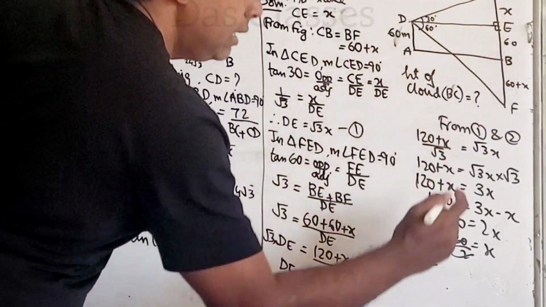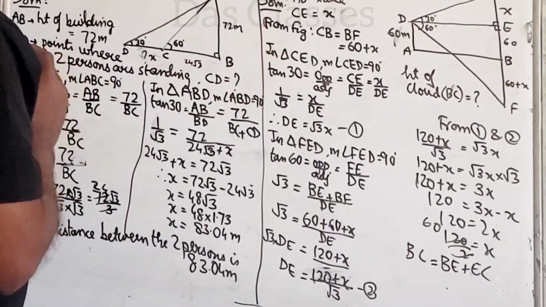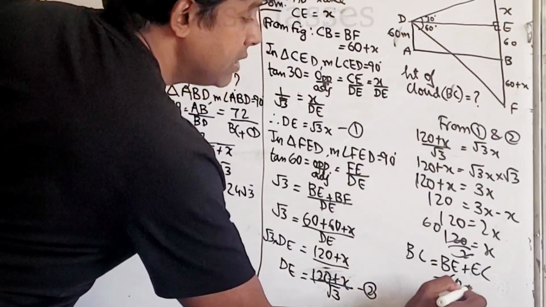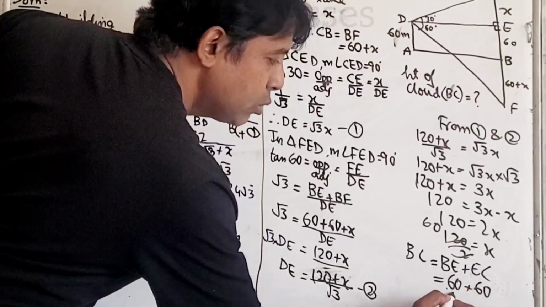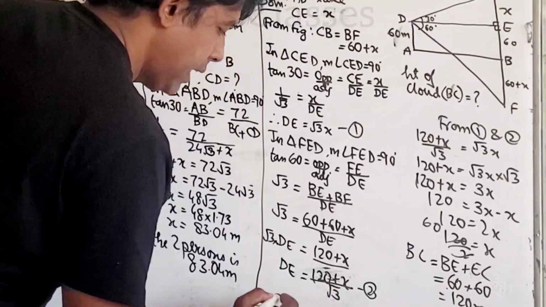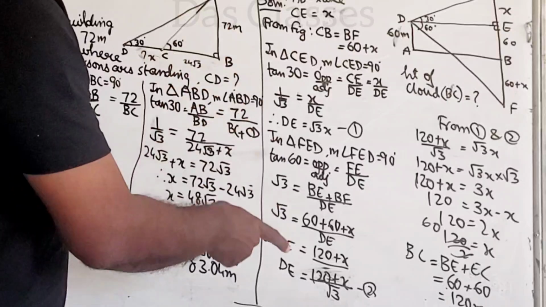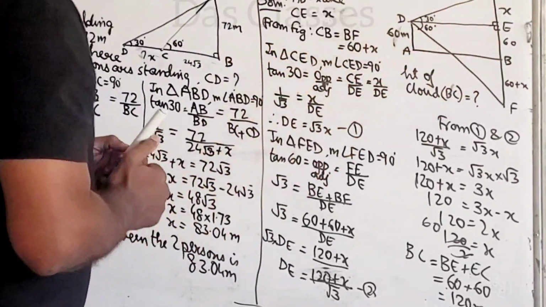BC is BE plus EC. So BE is 60 plus X, EC was X, and X we got as 60. So the answer is going to be 120 meter. Again, don't forget to write the conclusion. The conclusion will be: height of the cloud from the lake is going to be 120 meter.